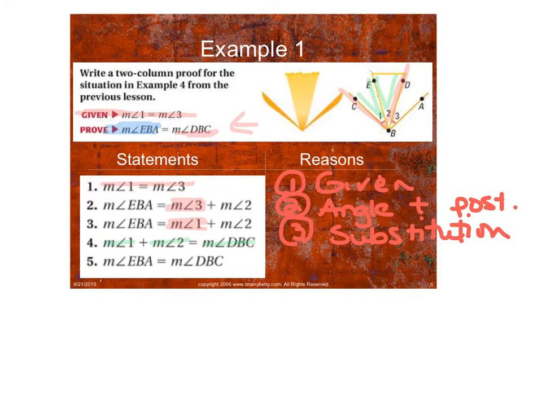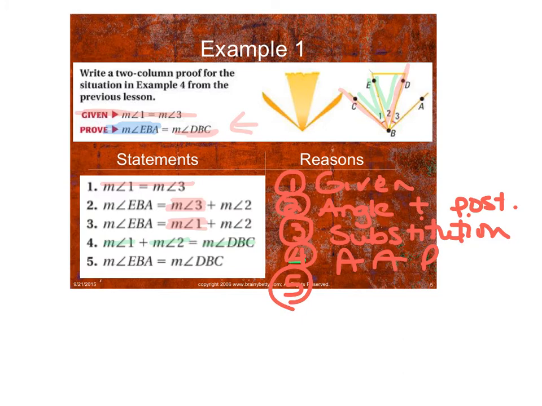And we can repeat properties over and over again, or postulates or definitions. Angle addition postulate again. All right, so the same thing that we did to the left side, EBA, now we're doing to DBC. So angle addition postulate. And now step 5, what did they do?